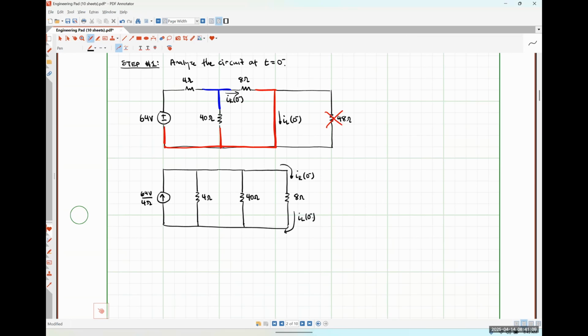So doing current division, I could say that IR at 0 minus is going to be 64 volts over 4 ohms. That's just my equivalent current source.